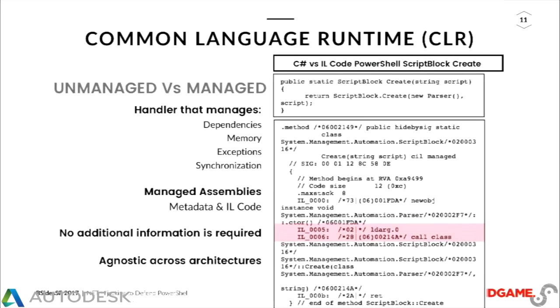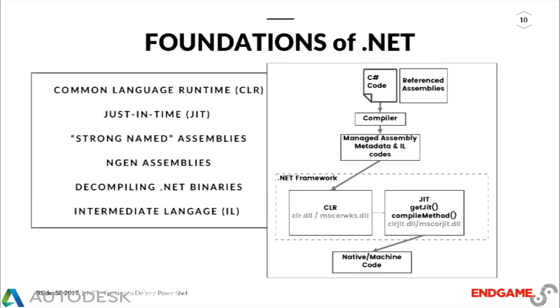All right. So the common language runtime handler, this is basically what makes .NET cool, is that it remains agnostic across different architectures because it uses this IL code that it manages to do the groundwork. And as I explained before in the diagram here, when C# code gets compiled, it turns into IL code, which we'll talk about.